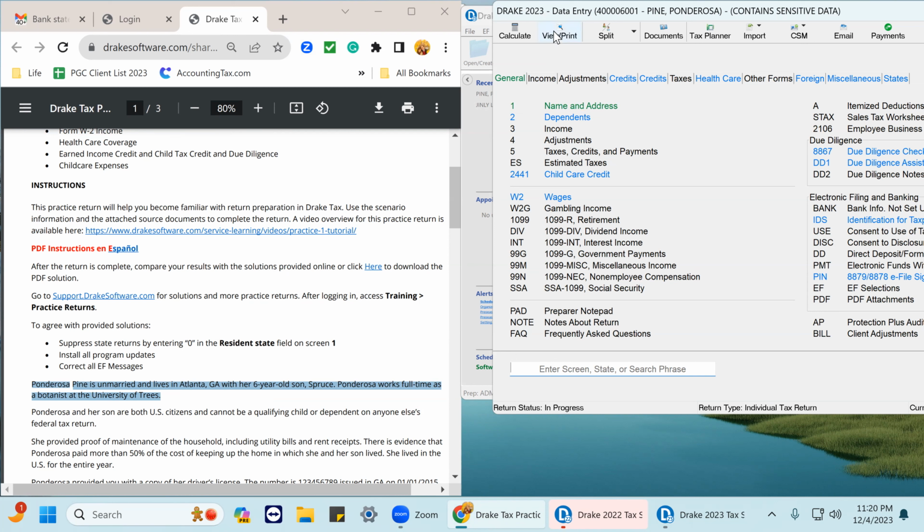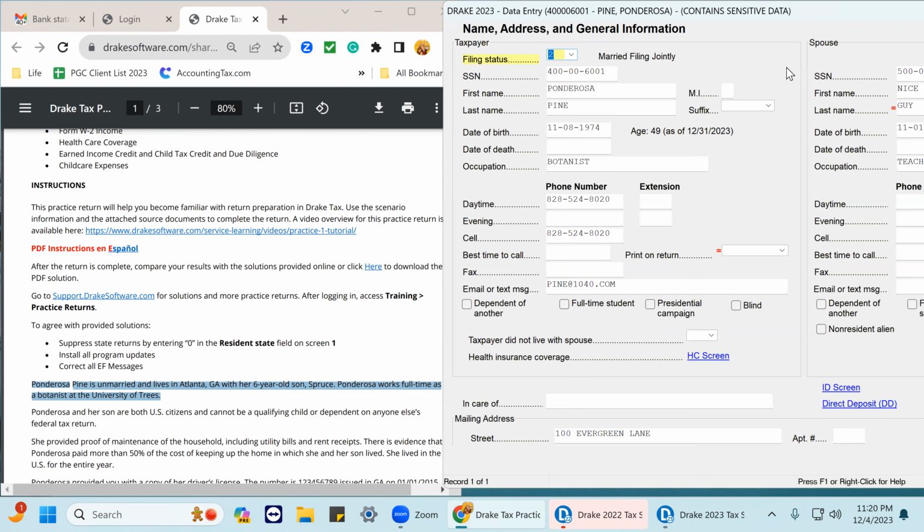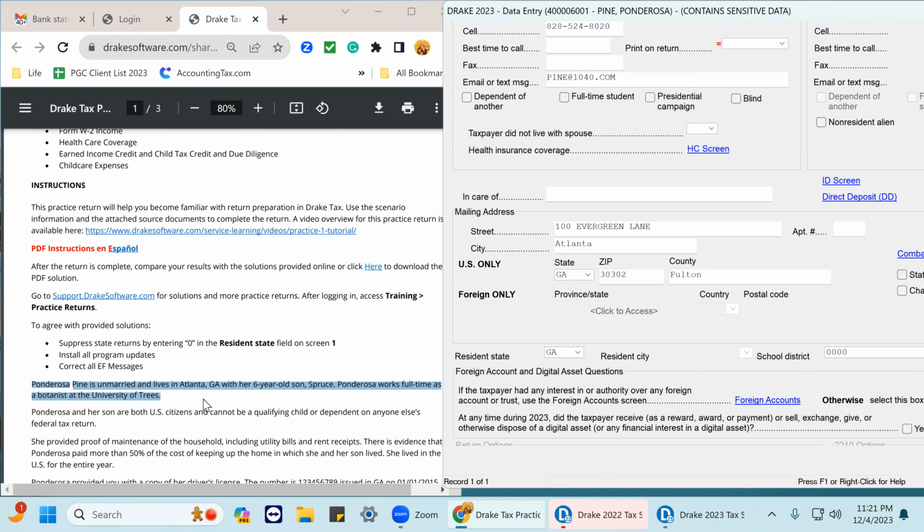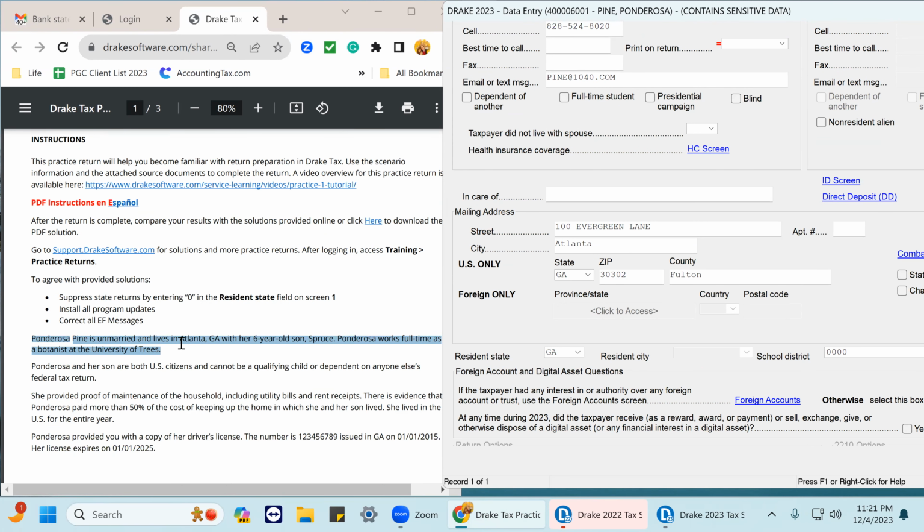No? Okay, let me summarize what we have done. We have trained on head of household: one person has a kid, has W-2 income, and the kid goes to daycare.